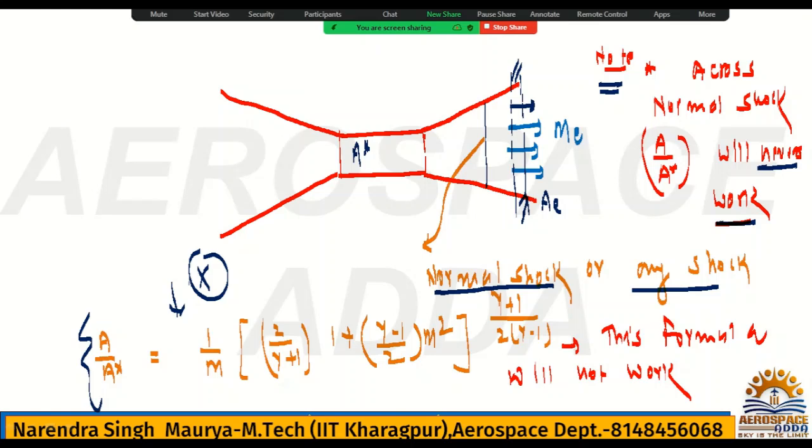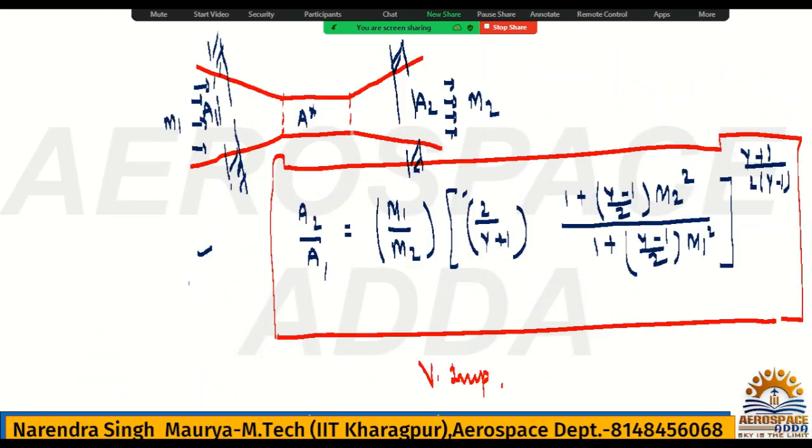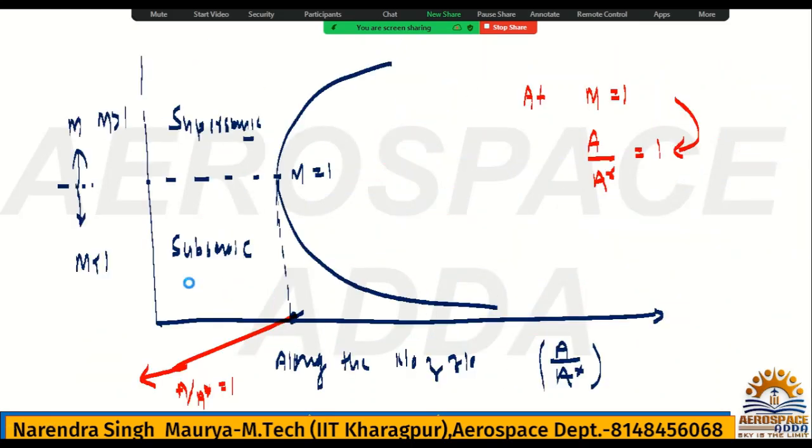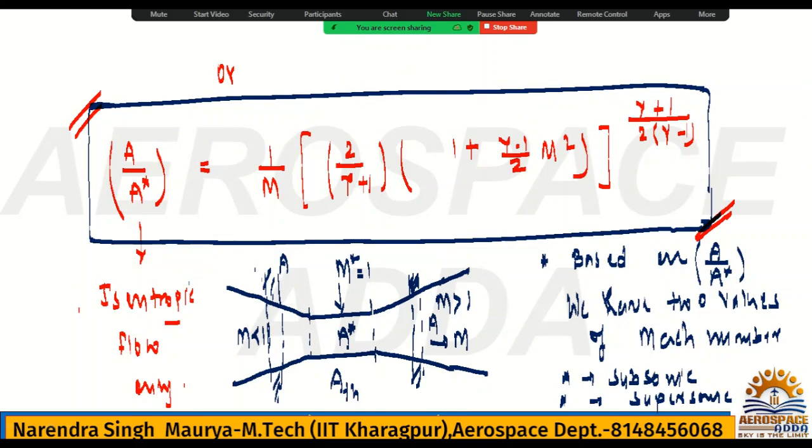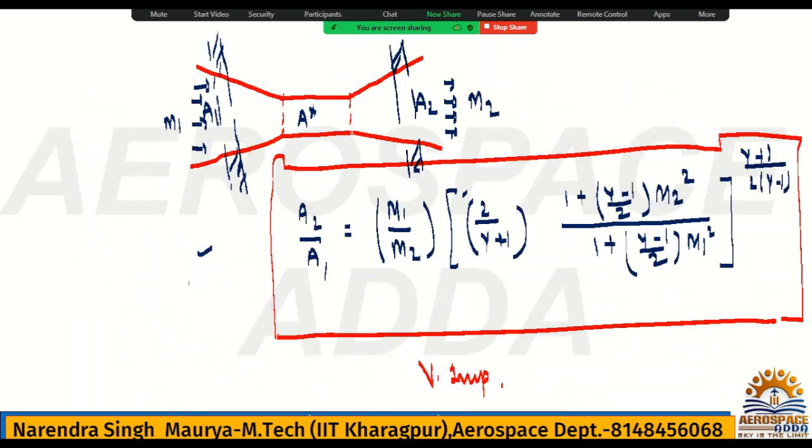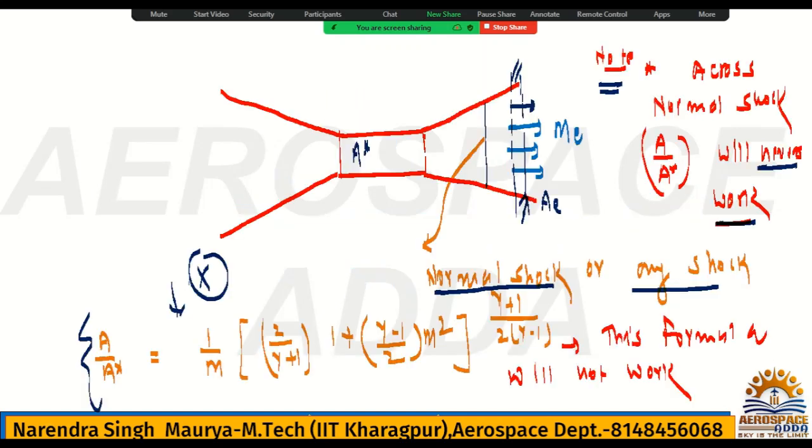Many analyses for this CD nozzle are in books. If you read properly, you may get that also. But with the help of different diagrams, I have explained what was required for your GATE. Now we'll solve a numerical.